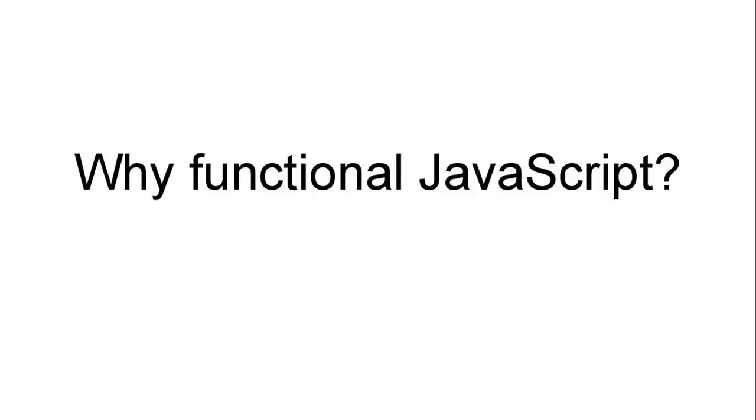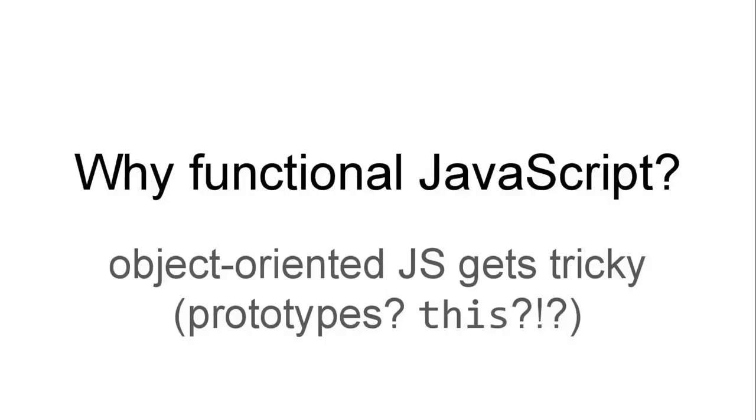So why do functional programming in JavaScript specifically? Well, I don't know about all of you, perhaps more experienced JavaScript developers, but when I started learning JavaScript, having had some object-oriented programming experience with Java and C#, I found object-oriented JavaScript super confusing. Prototypal inheritance, how does that work?